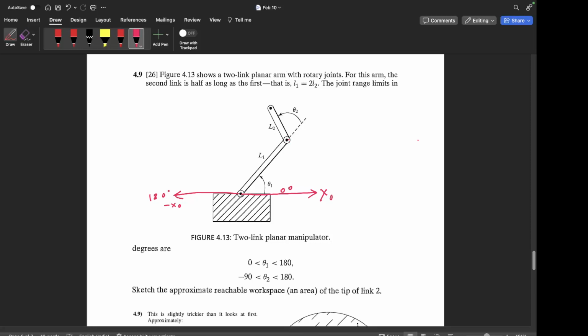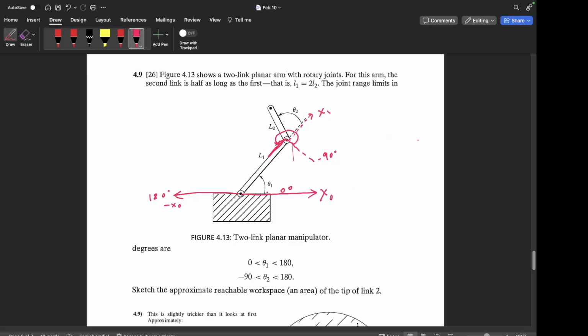Now the second link, so this is the direction x1. With respect to x1, the limits are minus 90 to 180. So minus 90 will be here. This is minus 90, right? So from minus 90 to 180, it has a range of 270 degrees, which is here.